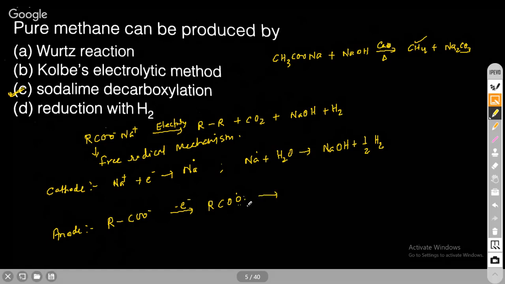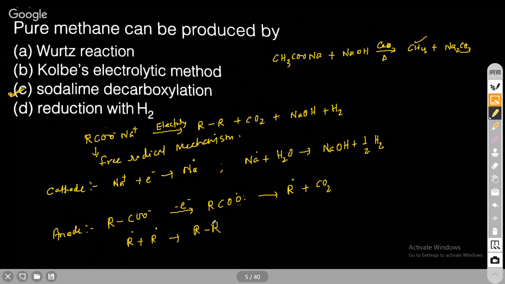From this, we know a radical has the property to eliminate a neutral molecule to form a new radical. So it eliminates CO2 to form an alkyl radical. Now in this alkyl radical, a coupling reaction takes place. So R radicals combine and form a higher alkane. So what is the point? Why have I written these equations here?